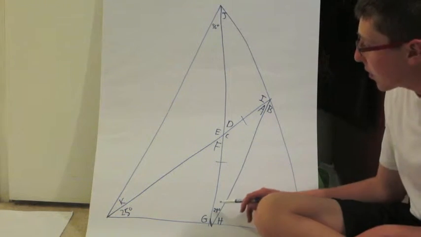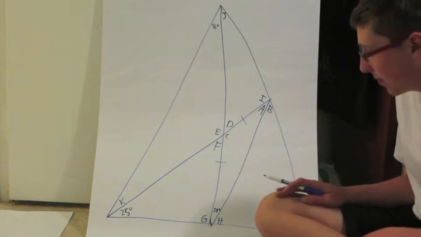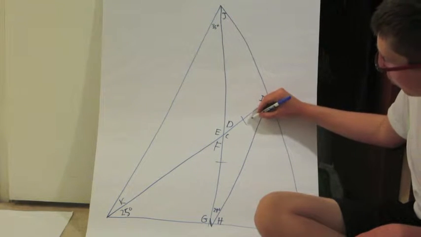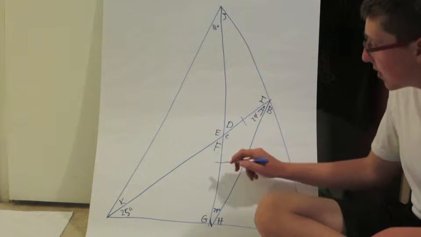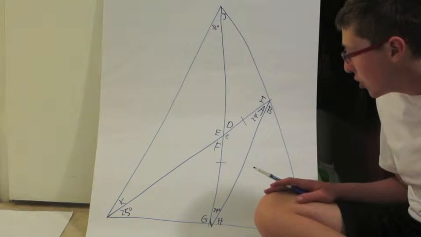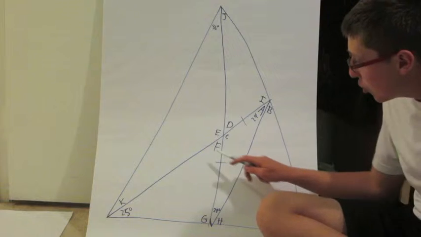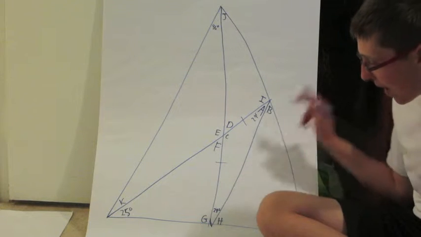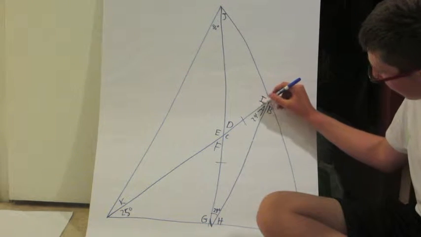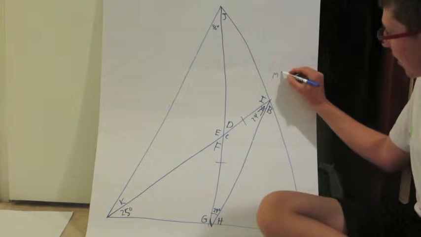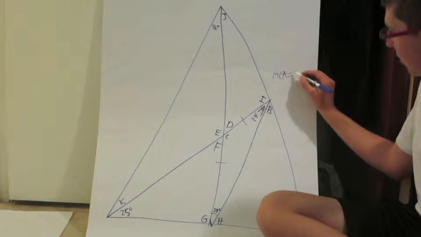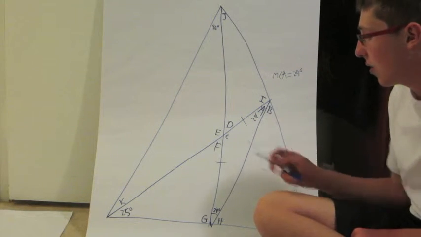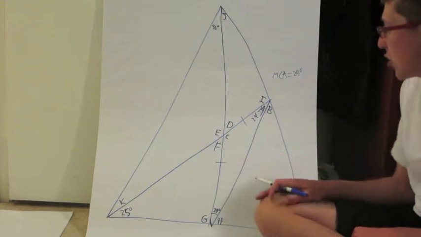The first measure that we can solve is measure A. Since this is an isosceles triangle, this measure would be 29 degrees because of the isosceles triangle theorem, which states that if these two segments are congruent, then these two angles will be congruent as well. So measure A equals 29 degrees.